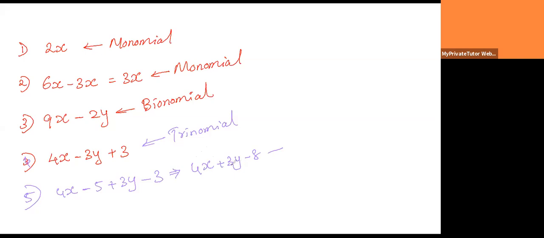You know the reason, because minus 5 and minus 3 are like terms, so you can simplify those. Which means it is a trinomial. I hope you understand this part. This is a very important one. Sometimes you might get questions in the exams, and to confuse you guys, they might ask you this way. Okay.